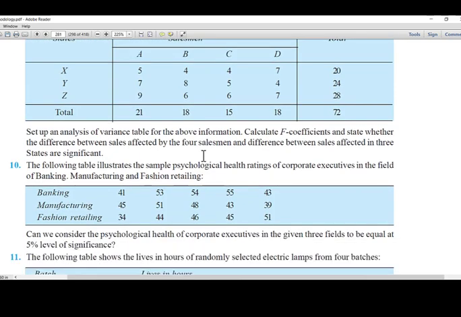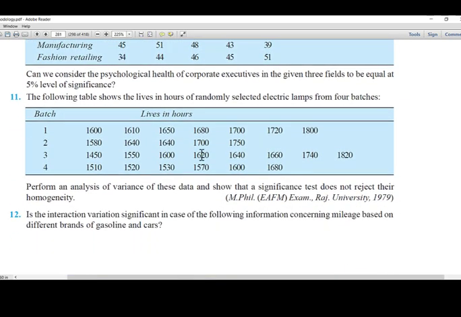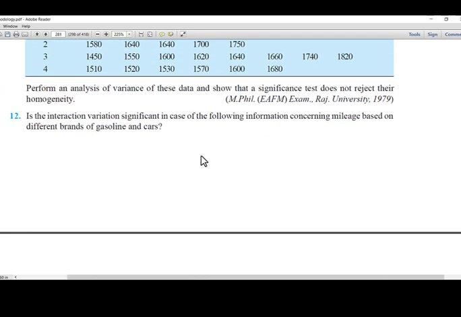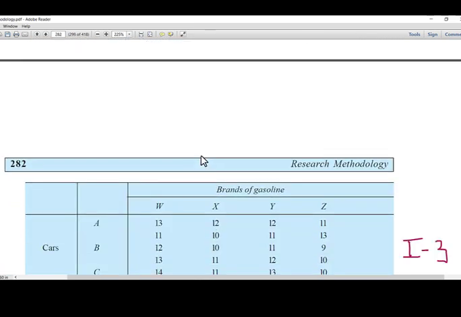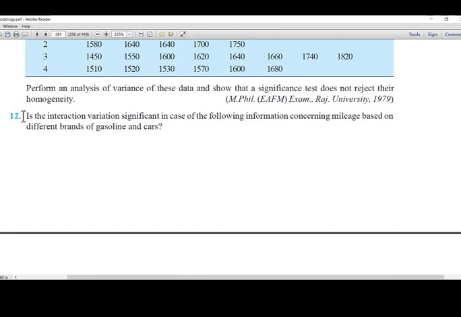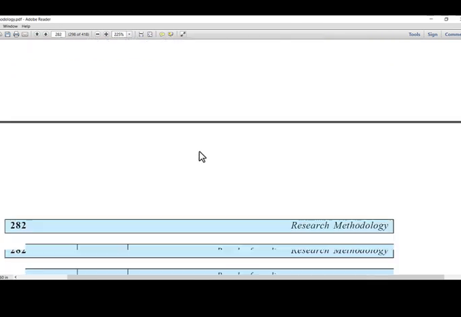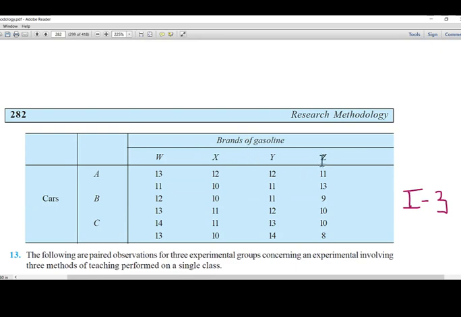And now coming to this 12th question. Is the interaction variation significant in case of the following information concerning mileage based on different brands of gasoline and cars? Here brands of gasoline, 4 brands are there. There's like 4 varieties. And here cars, A, B, C. But here you can observe that data is repeated.